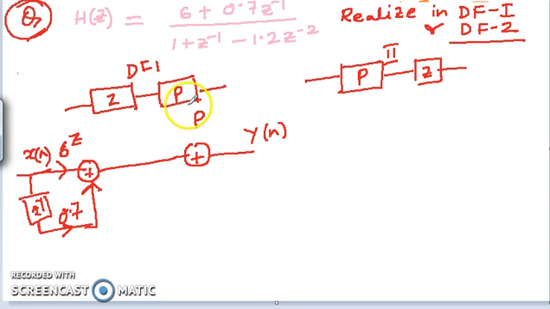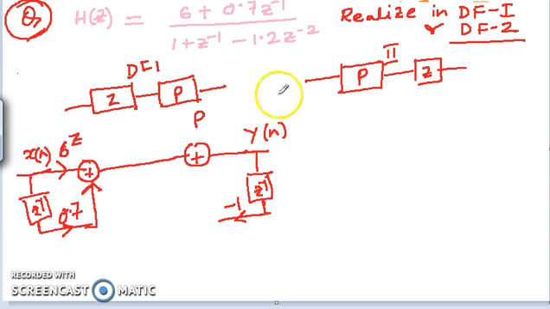Now come to the pole part. The value of the poles is first 1, then z inverse. Here we will take a z inverse. The coefficient associated with it is plus 1, but here it will be negative, so it will be minus 1.